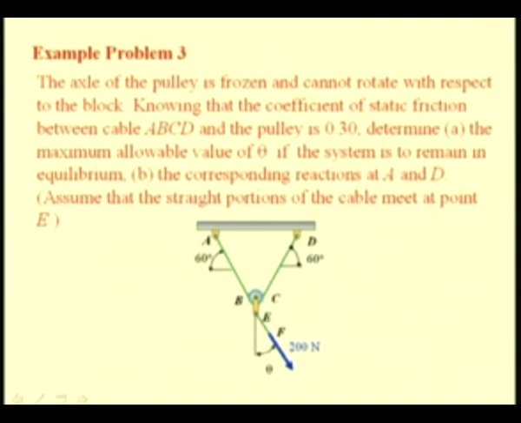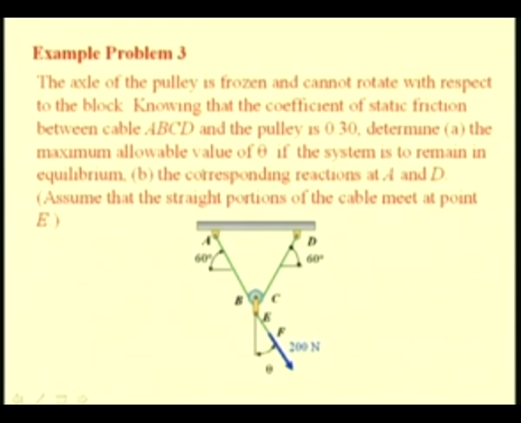We are interested to determine first the maximum allowable value of theta, that is the angle of this applied force, which is 200 newtons, if the system is to remain in equilibrium.